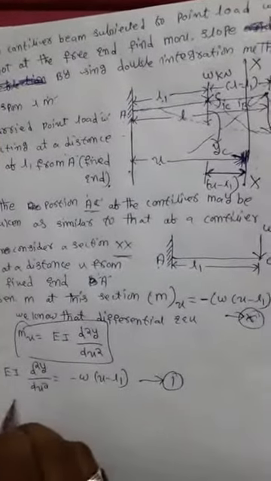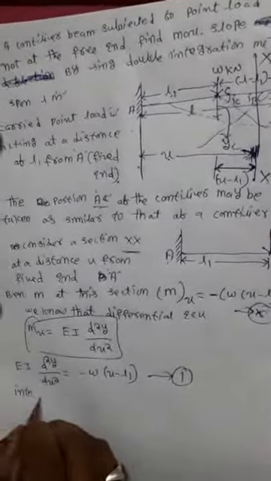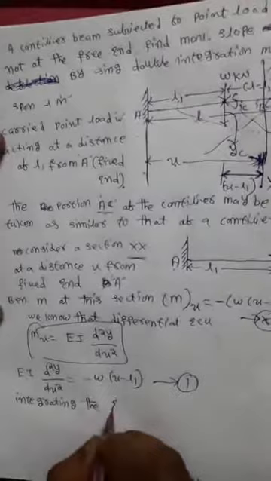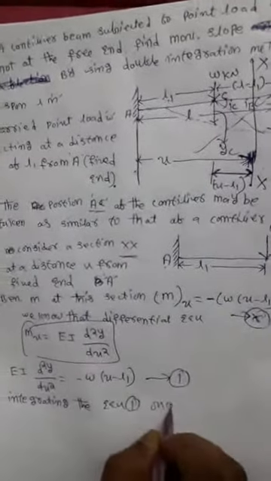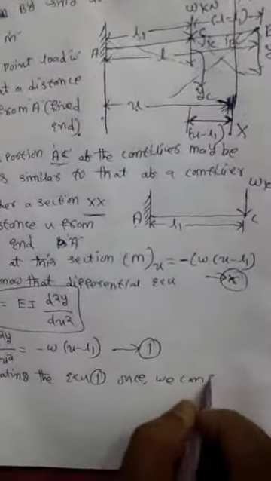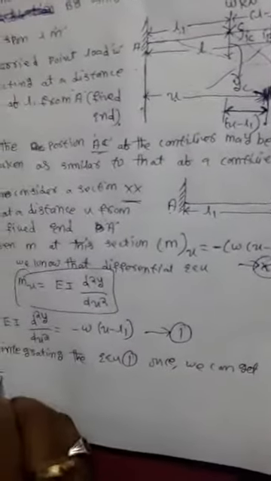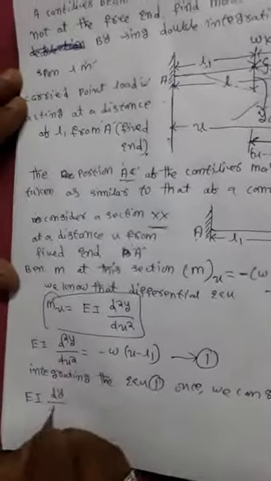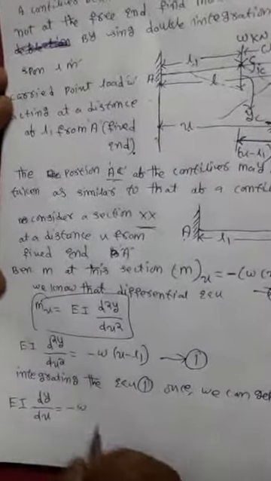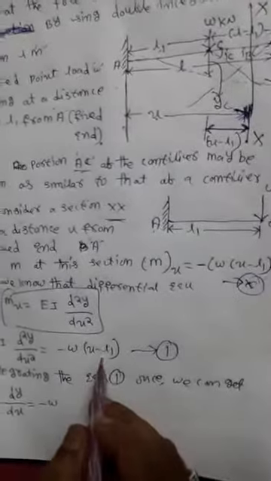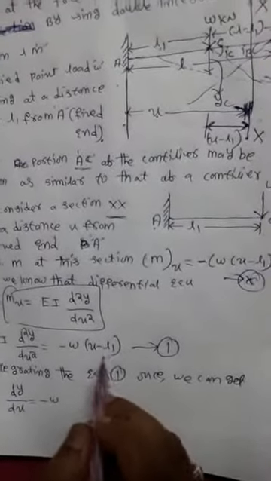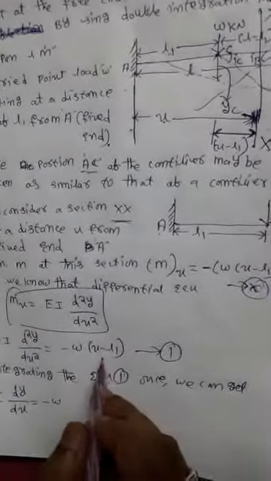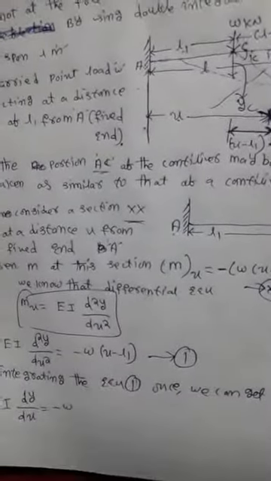Integrating equation 1 once, we get E I d square y by d x square integrated: E I d y by d x equals minus W, which is a constant. The term x minus L1 should be treated as a whole, as only one term.